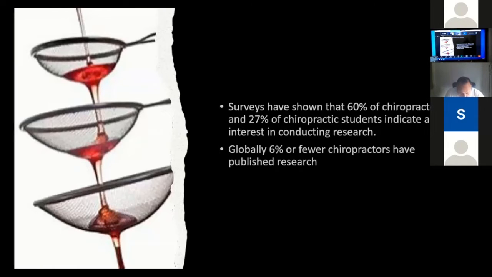The number ranges between 2 and 6%. So, what's creating this barrier to chiropractors conducting and publishing research? And I think it's multifactorial. One is that there's a learning curve to research, and not all of us have the resources.